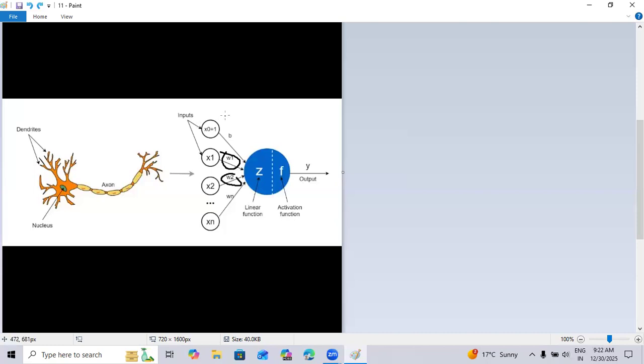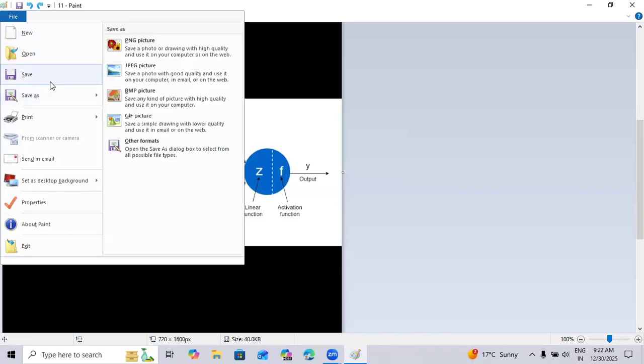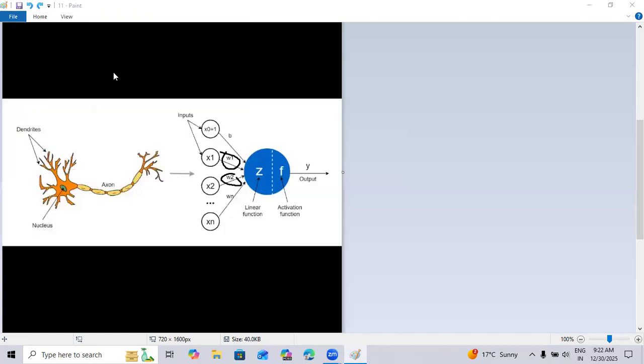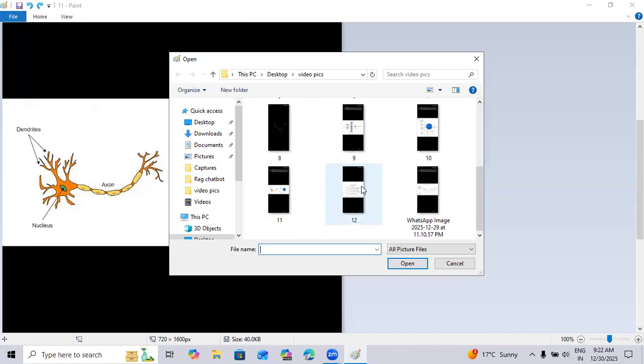Let me go to the neural network structure. Let me share another picture.